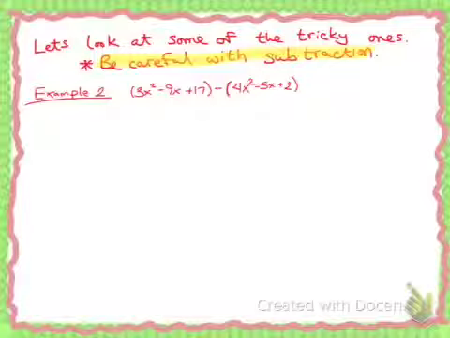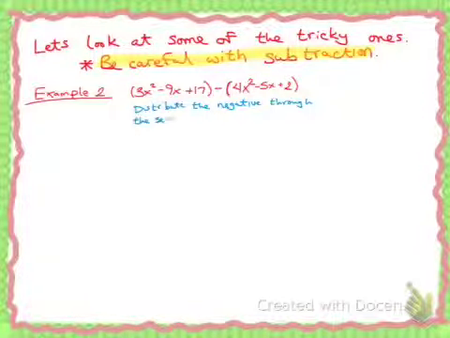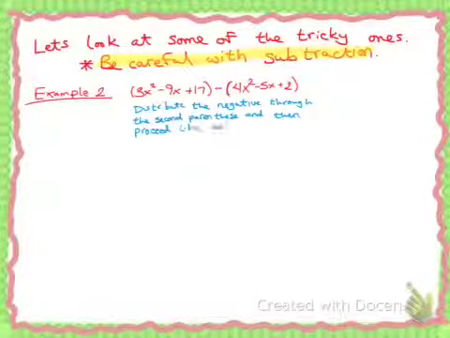Notice though, if that was just adding the second parenthesis, all that you would do is drop all the parentheses and then combine like terms. But since we're subtracting, what we're going to have to do is distribute that minus sign through the whole second parenthesis. I know it seems a little bit strange, but once we do that, the rest of the problem is going to work out just like we did before.